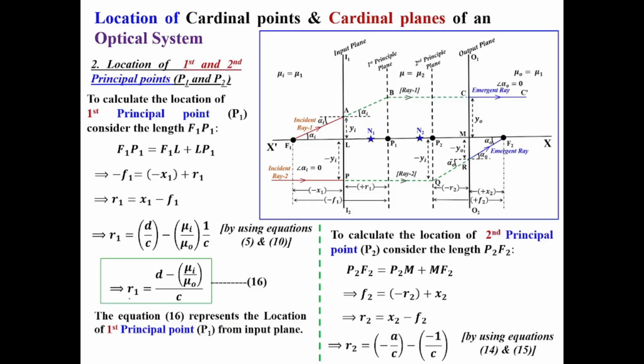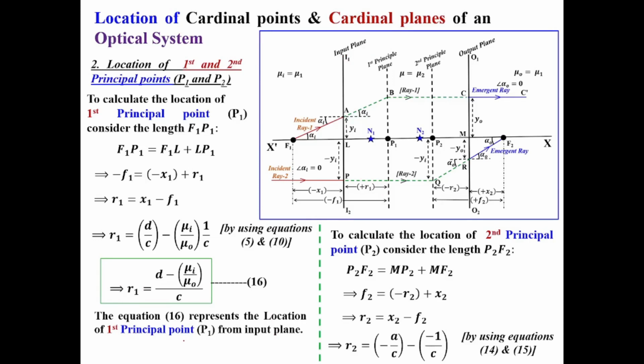So here R1 is nothing but this distance from the input plane towards the right. Towards the right is not written, but from the figure it can be perceived that it is from the input plane towards the right. We have to cover R1 distance, then we can find the first principal point.